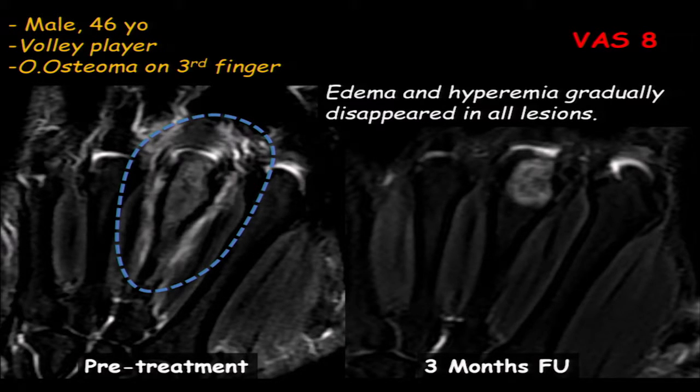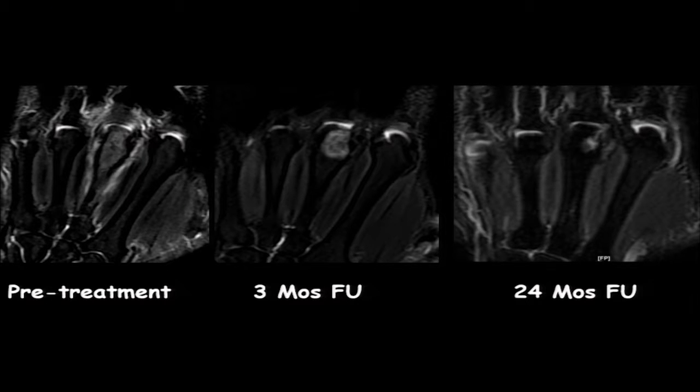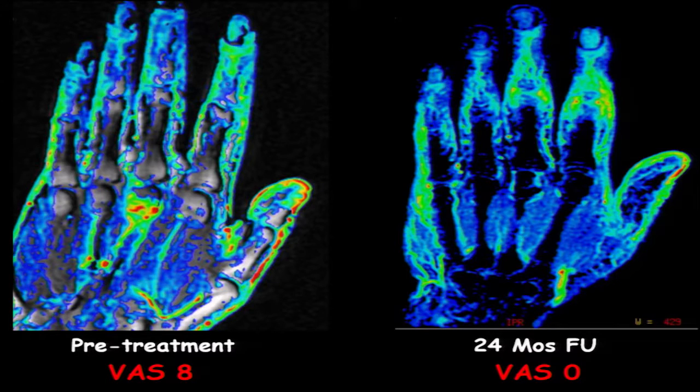And one of the main things we need to look at is the VAS score of 8, which means very, very intense pain. When we look at 3 months after the treatment, we can see that the lesion is still there, but the edema and the inflammatory response are completely absent. And the VAS was, of course, 0. And if we look 24 months after, we can see that even the lesion is absent, so it is working.